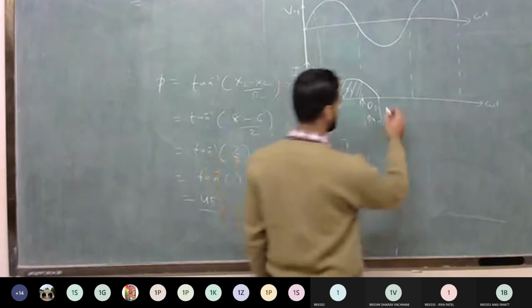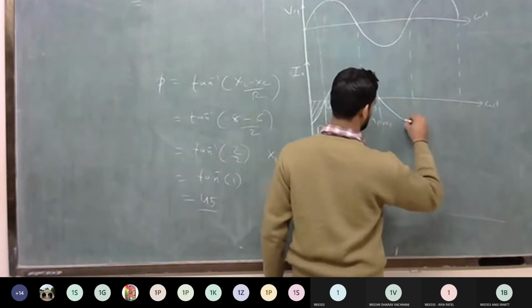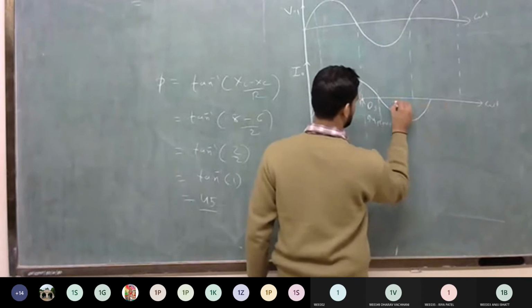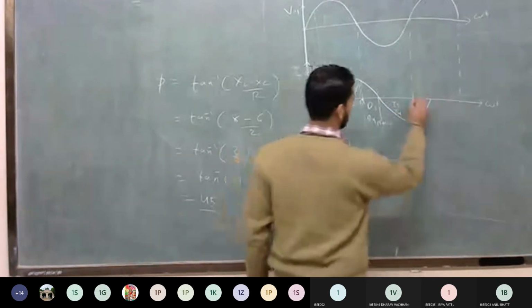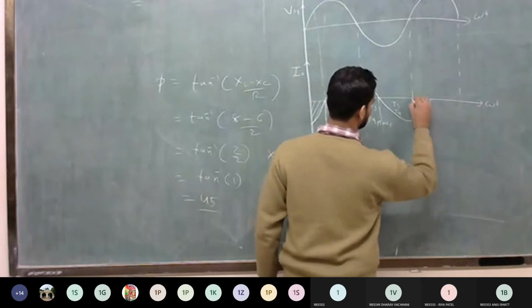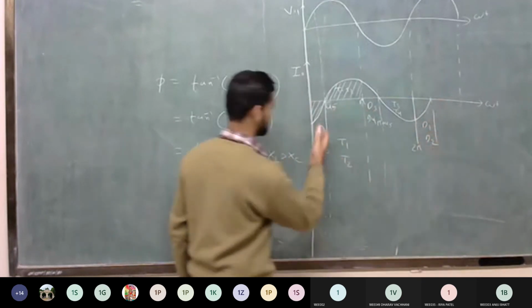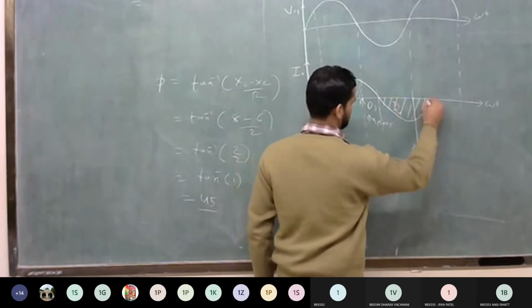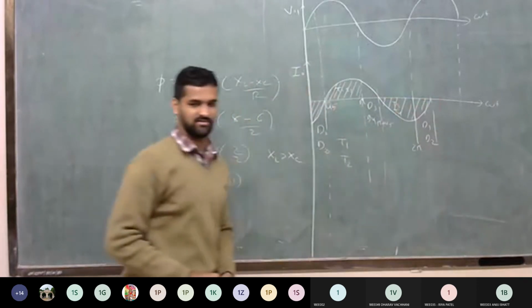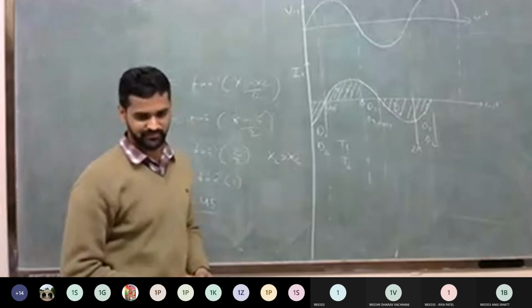And in the same way, after the conduction of D3 and D4, your T3 and T4 conduct. And again after this 2 pi degree, again diodes D1 and D2 are conducting. Same like this. So this is the waveform of RLC overdamped load.